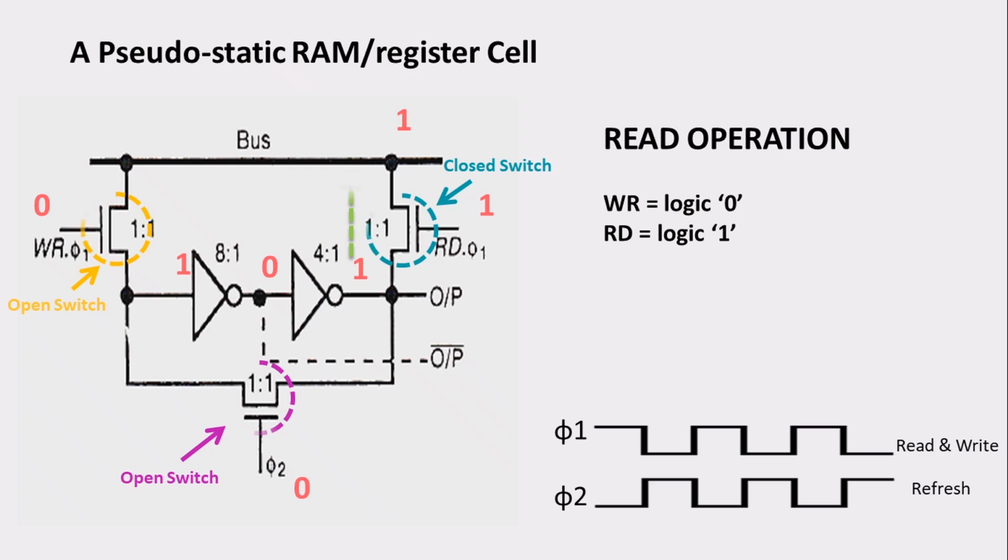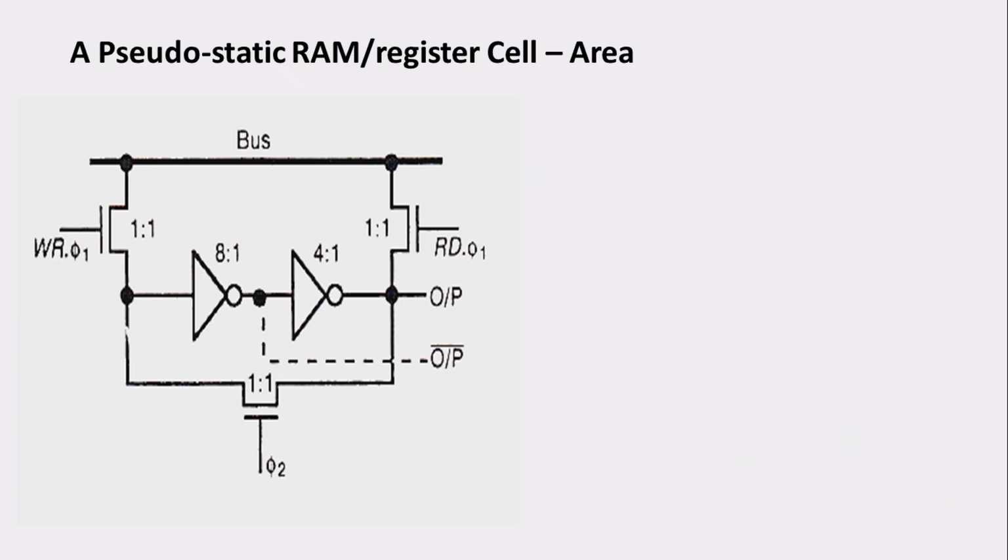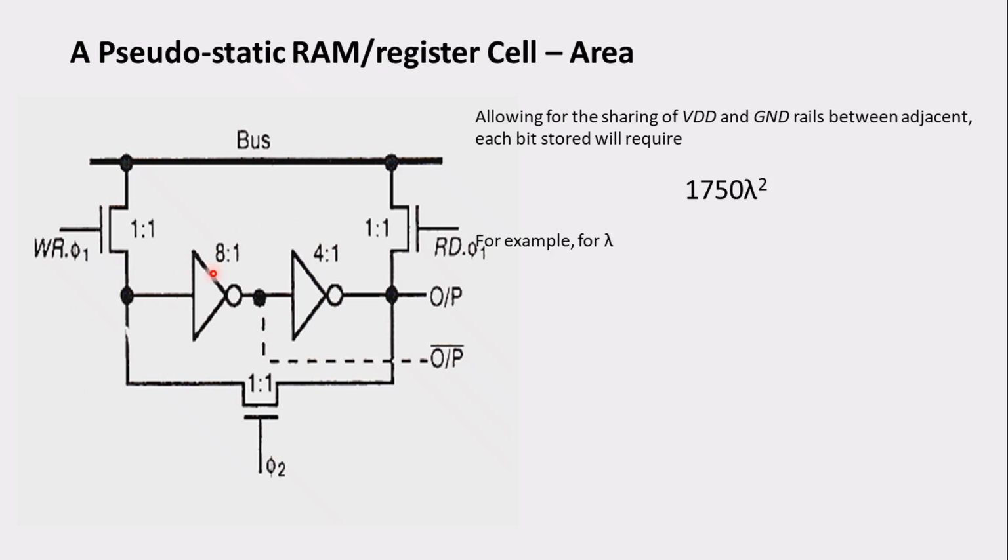Okay, so now let us look into the area calculations. As we know, the main switching will happen in terms of these two inverter stages, one with geometry 8 is to 1, and one more with geometry 4 is to 1. The total area of this is going to be 1750 lambda square.